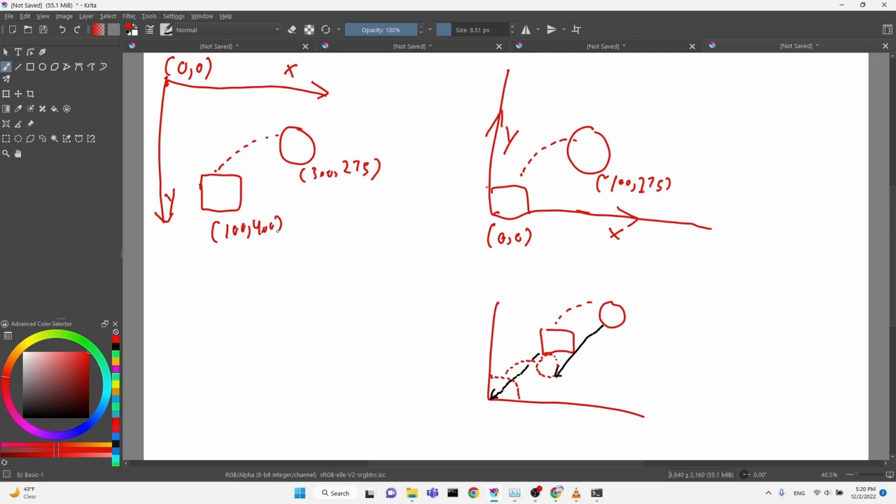Now, in the Cartesian system, the way we offset is we subtract the shooter's x position from the target's x position, and then we subtract the shooter's y position from the target's y position, and that's how we get our offsetted target.